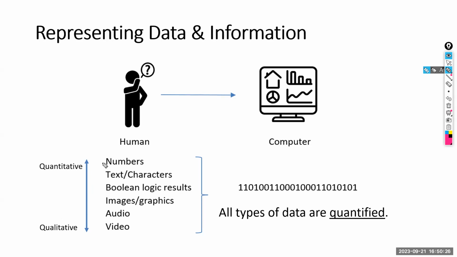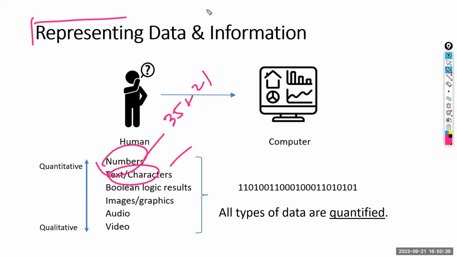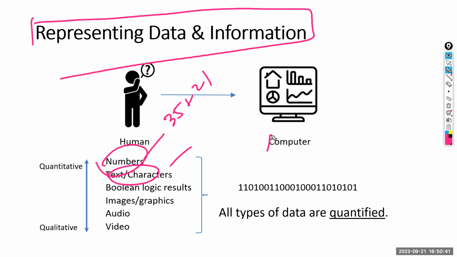Of course, a computer can process numbers and text. It can do something like add 35 and 21. It can process characters, so you can see this font is bigger, this font is smaller, maybe one font is in red color, another font is in green, another font is bold. So we can process and represent text and characters.